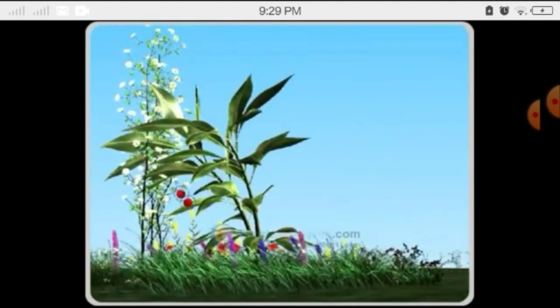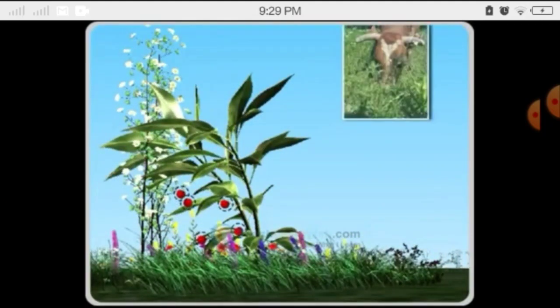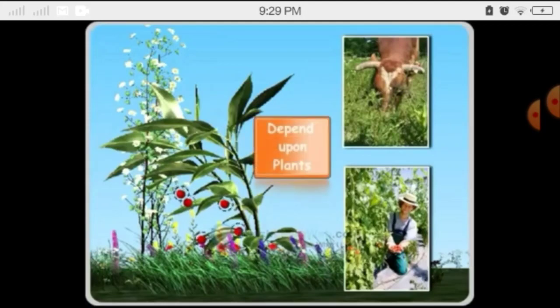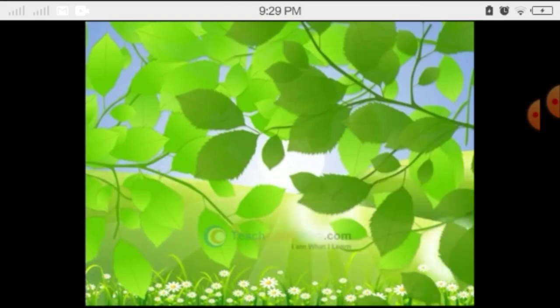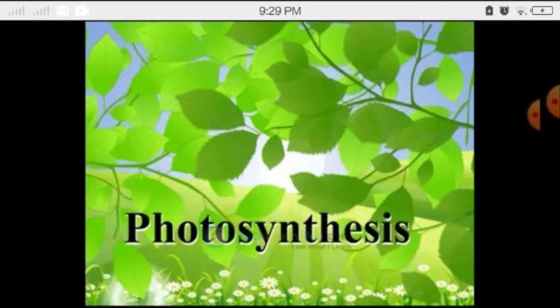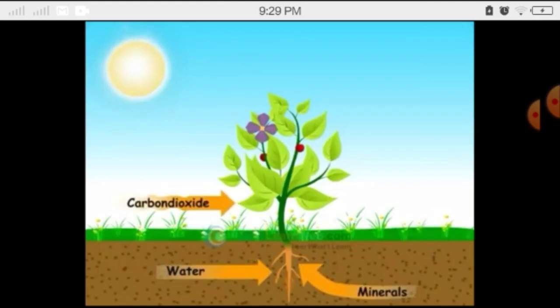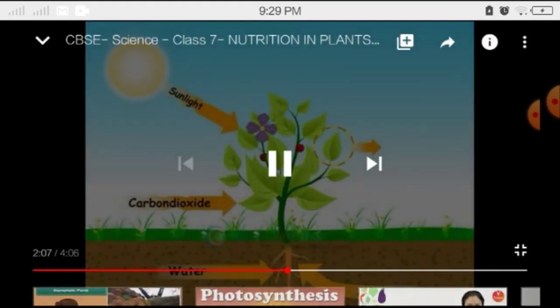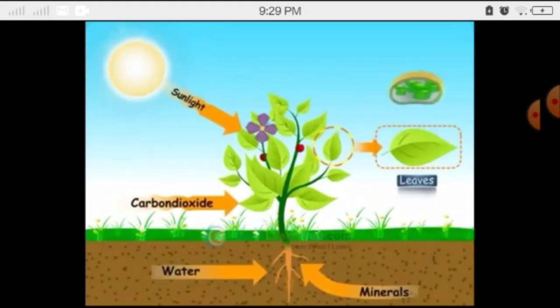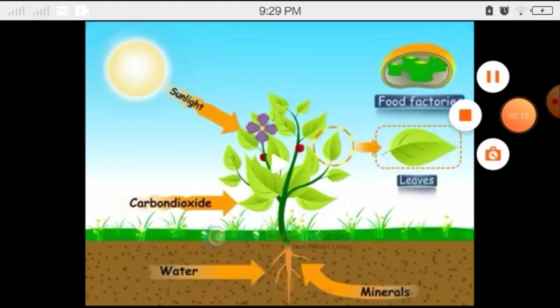Plants synthesize their own food, but animals, including man, depend on plants for their food. An autotrophic mode of nutrition, example, photosynthesis. Photosynthesis is a process by which a plant uses raw materials like water, minerals and carbon dioxide, in the presence of sunlight, to synthesize food. The synthesis of food takes place in leaves, which are the food factories of the plant.